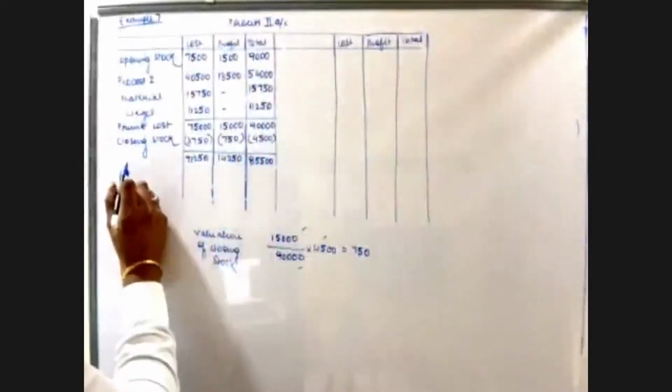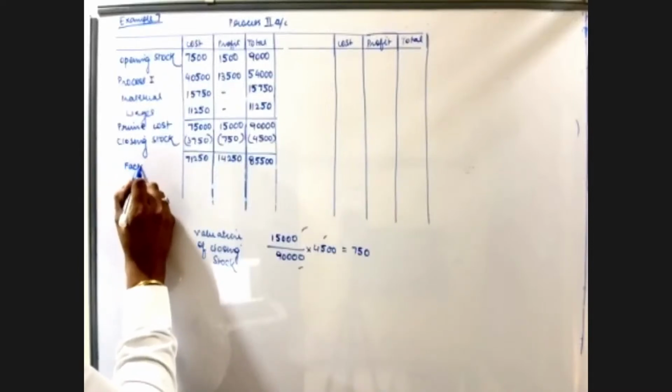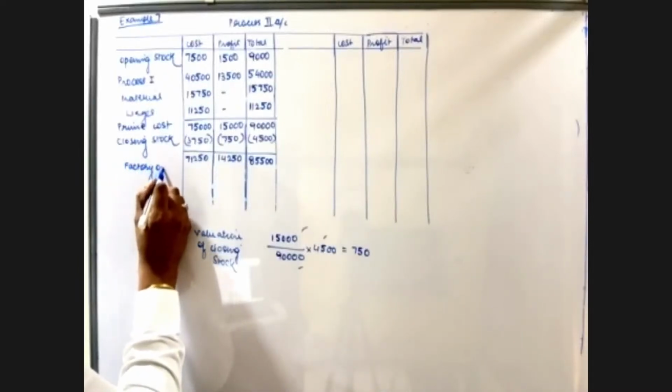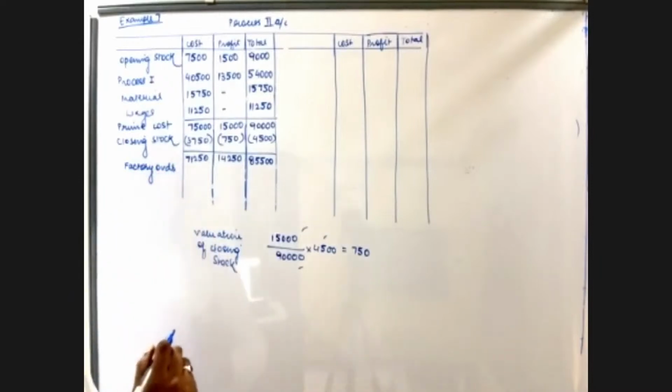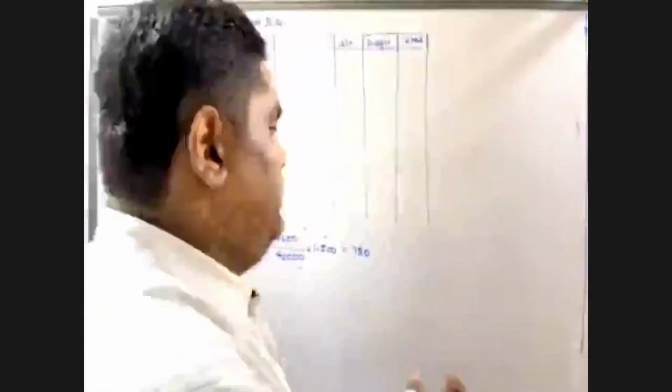Now we'll add factory overheads to calculate the total cost. My factory overheads are 4,500.